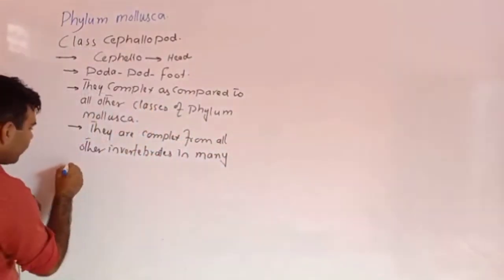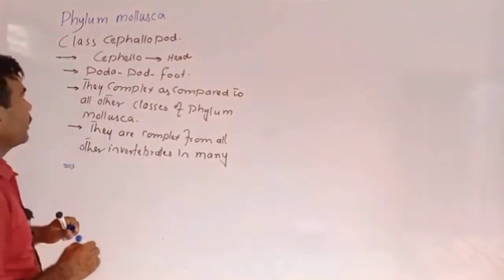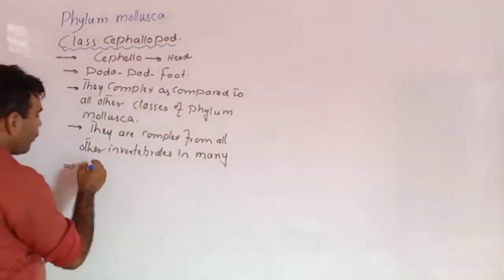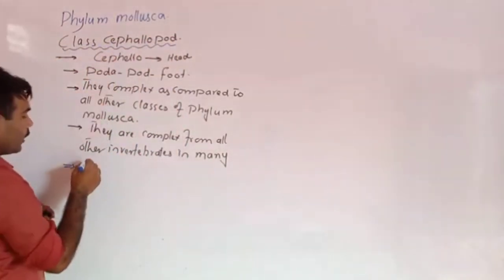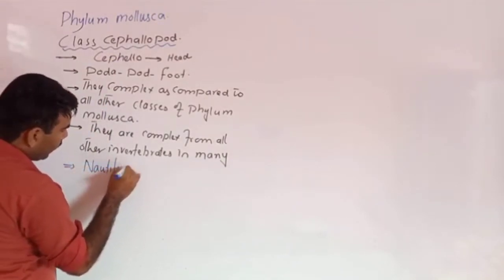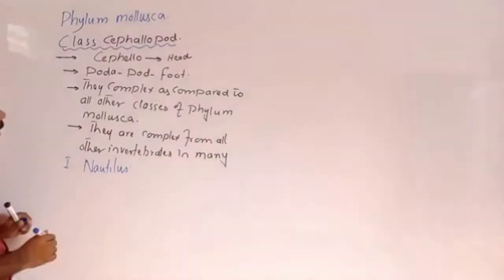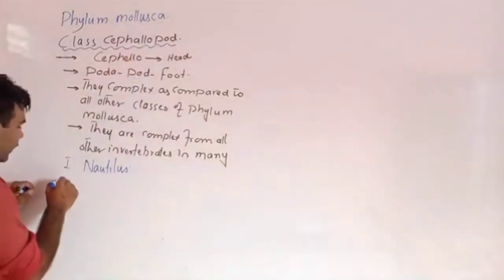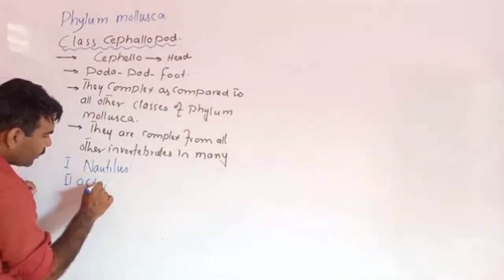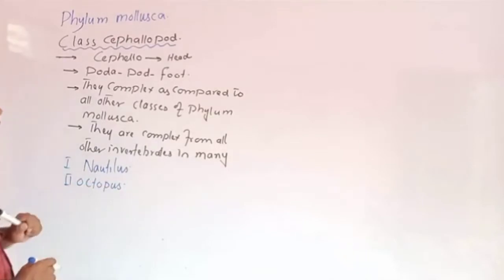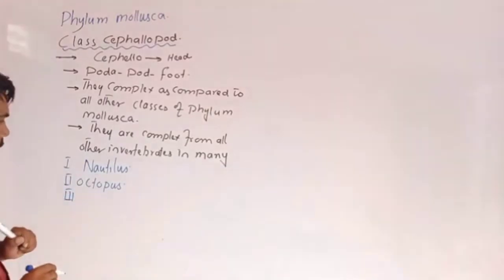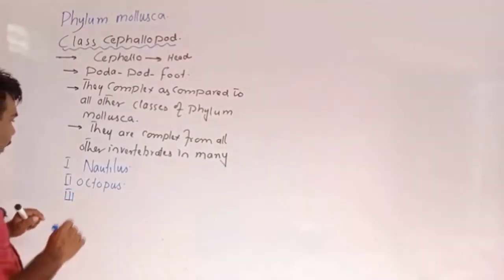Now we will take some examples of the class Cephalopoda. The members of this class include Nautilus, which is a member of the class Cephalopoda. The second example is octopus, which is placed in this class. The third example is cuttlefish.